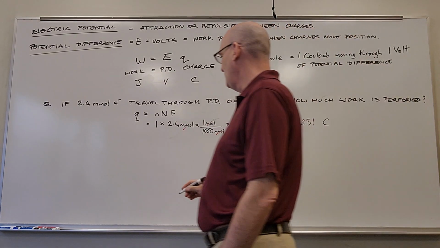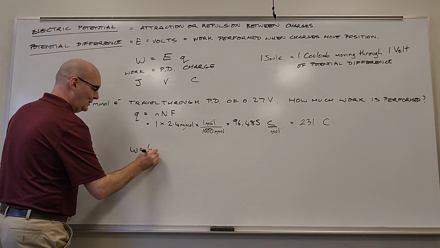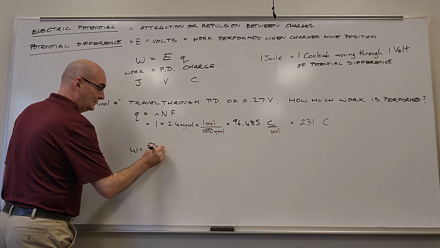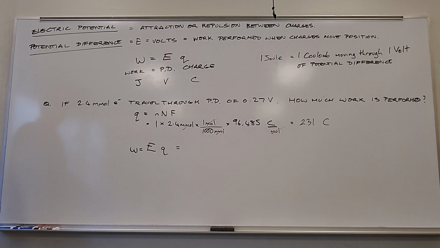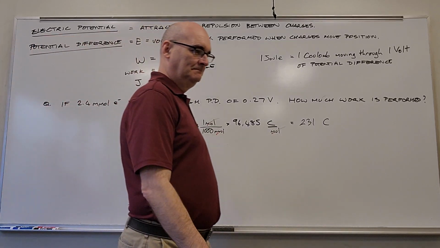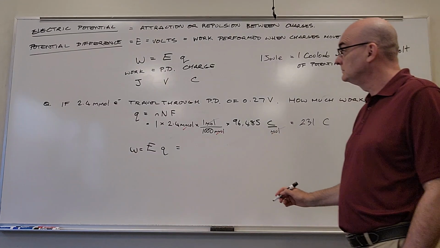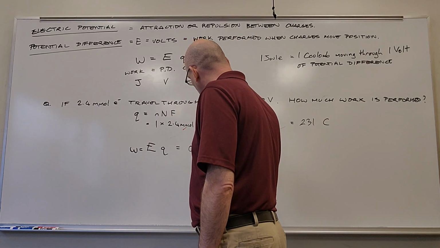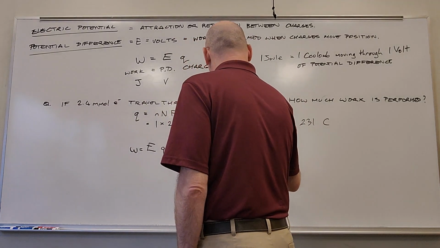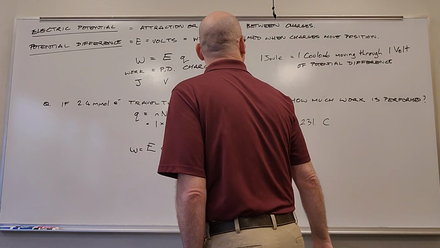All right, you have Q. Now that you have Q, you can do W equals E Q. What's E? Volts multiplied by 231 coulombs.